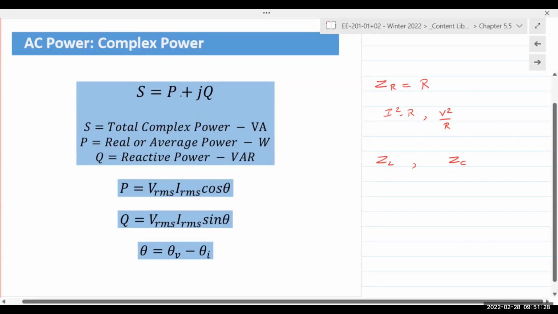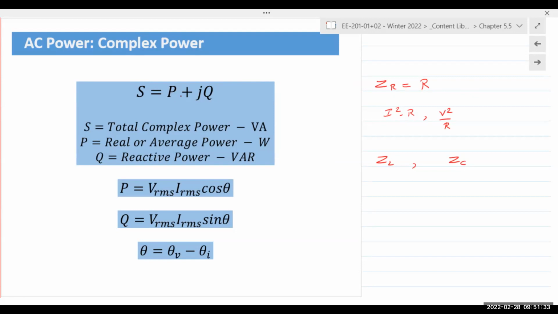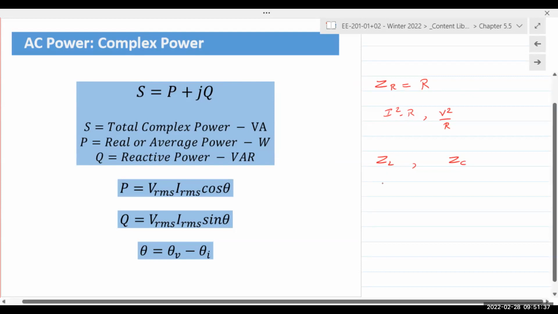You can see where this is going, right? It's three sides of a right angled triangle in the complex plane. ZL, the inductor impedance, has a phase angle of plus 90, so it's pointing up.